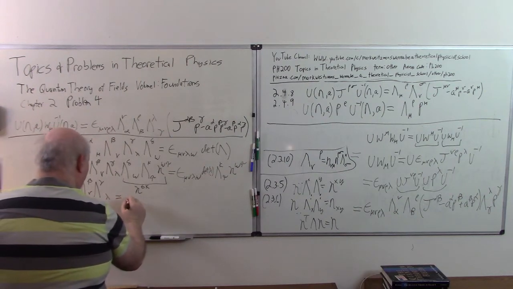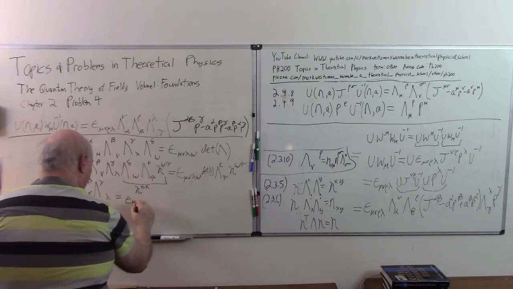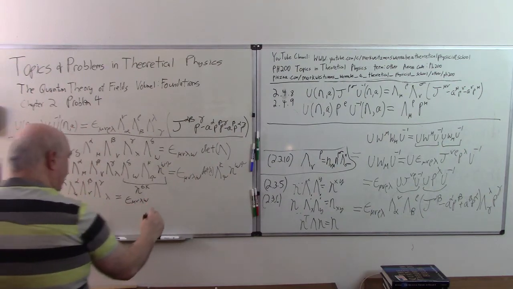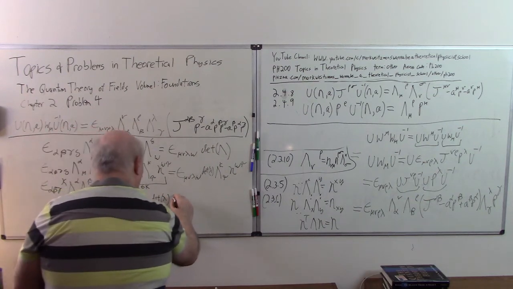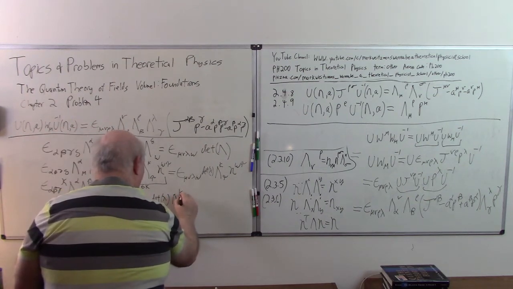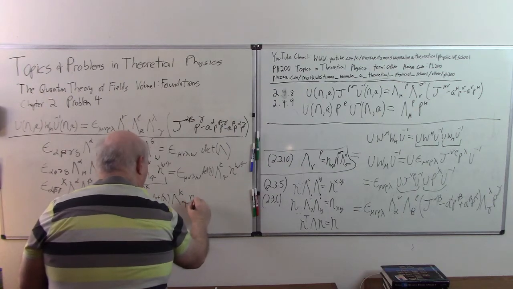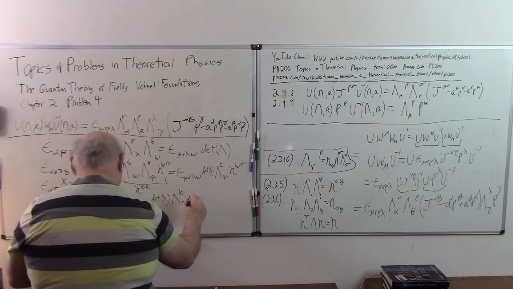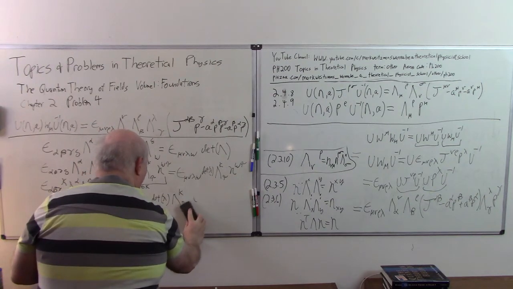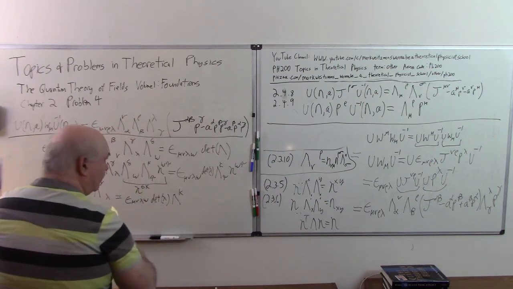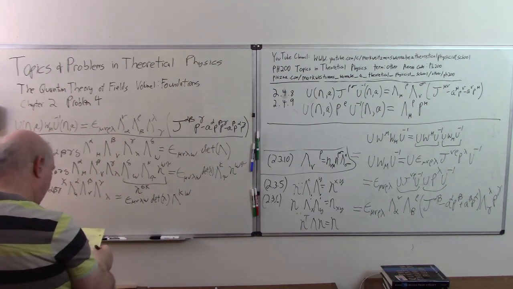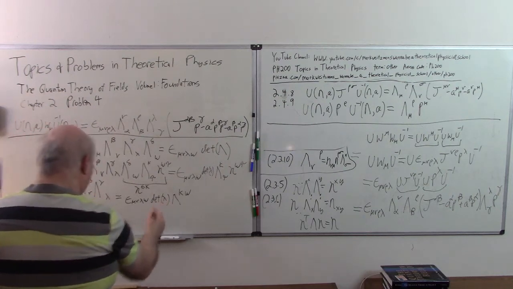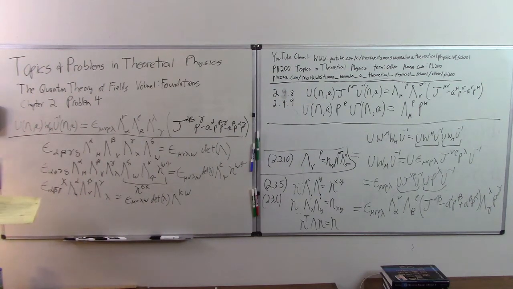And this is equal to epsilon mu nu lambda omega determinant lambda k tau eta. Okay, so here we're raising the tau indices with the omega, so I'm just going to make that kappa omega.